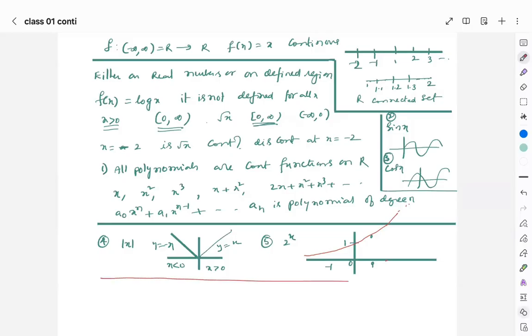So can you tell me some other functions which are continuous throughout the real line?